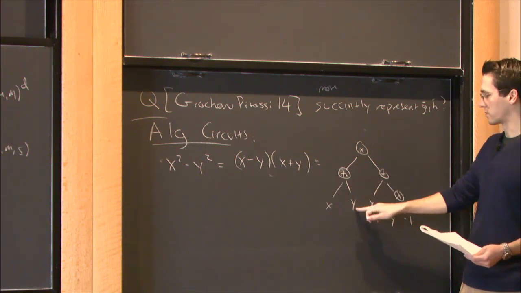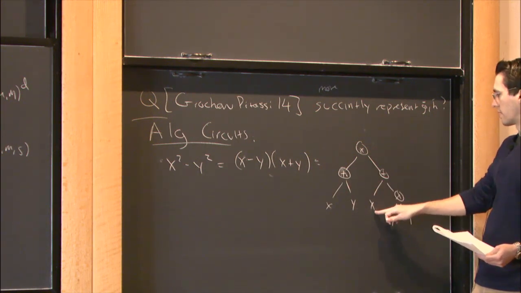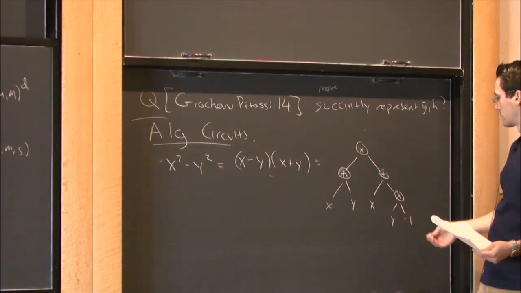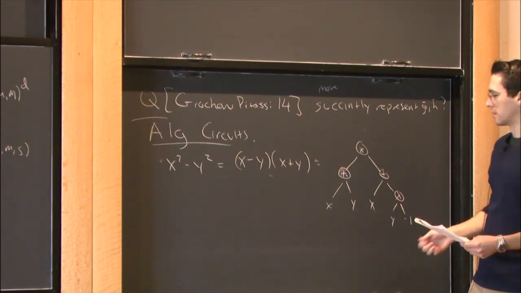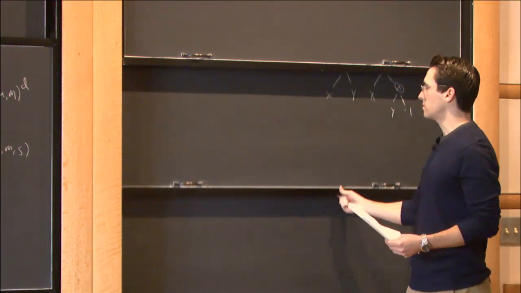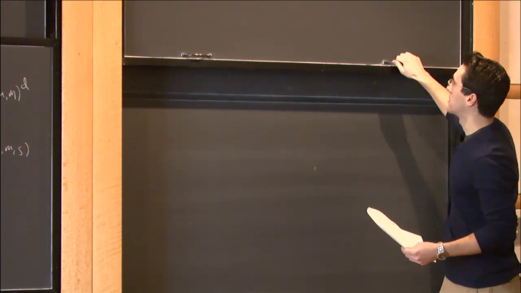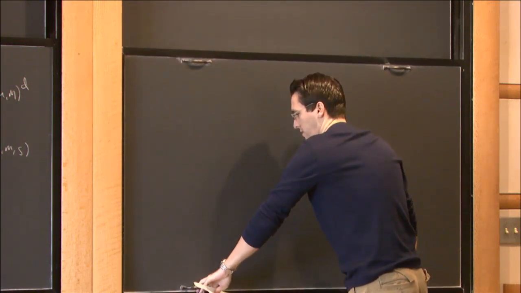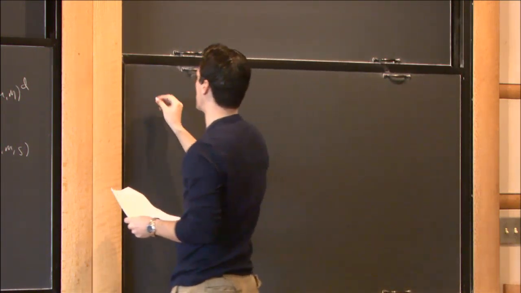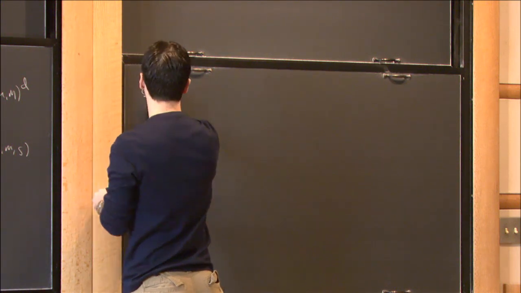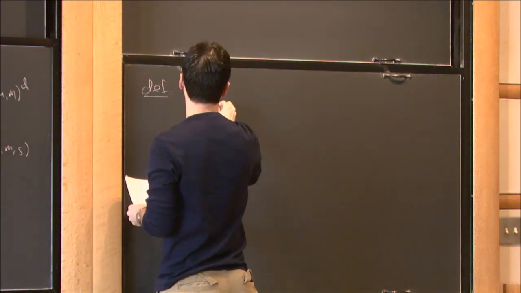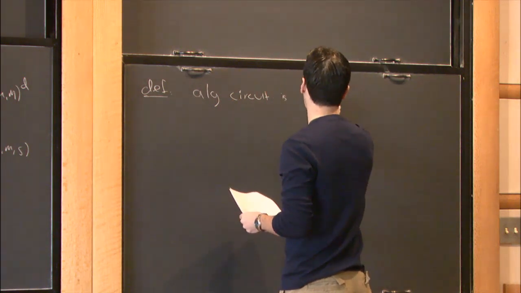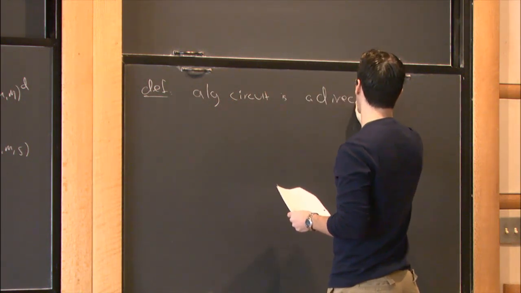Here you have x plus y, and you have y times minus 1, which is minus y. Right? So x minus y. Okay. And I want to say that this is a general model of computation. So what's the definition? An algebraic circuit is a directed acyclic graph.